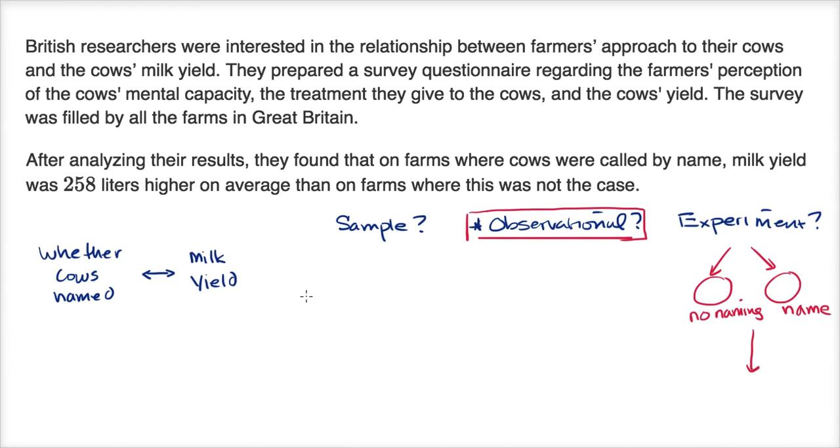Now the next thing is, what can we conclude here? They're telling us that when the cows were named, it looks like there was a 258-liter higher yield on average. So the conclusion that we can strictly make here is that for farmers in Great Britain, there is a positive correlation between whether cows are named and the milk yield. So that we can say for sure. So let me write that down.